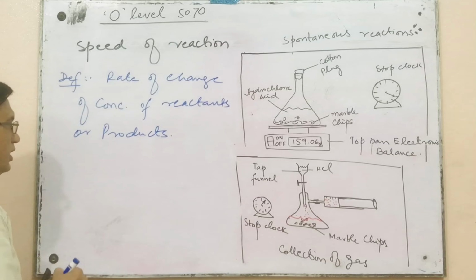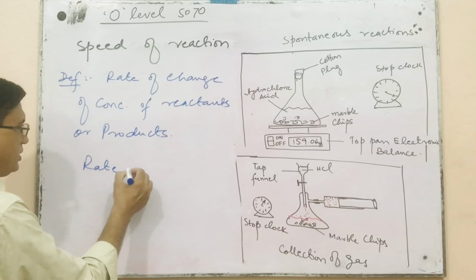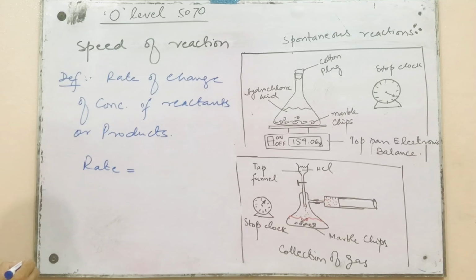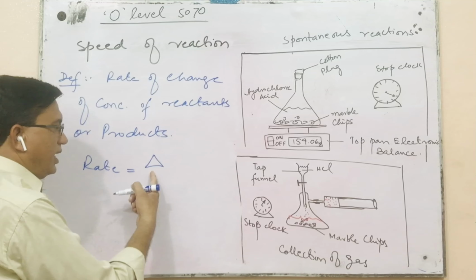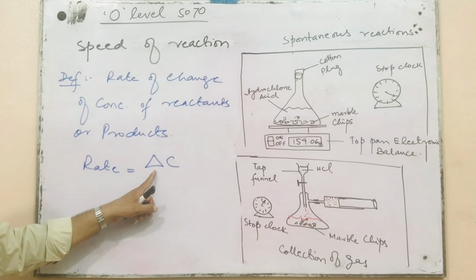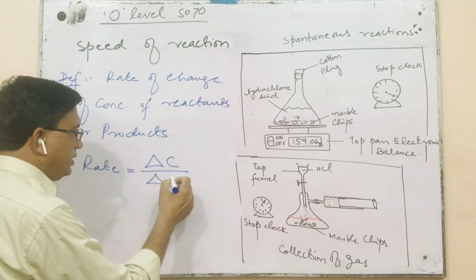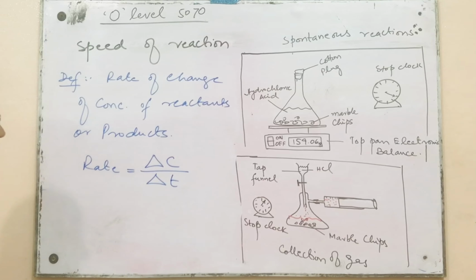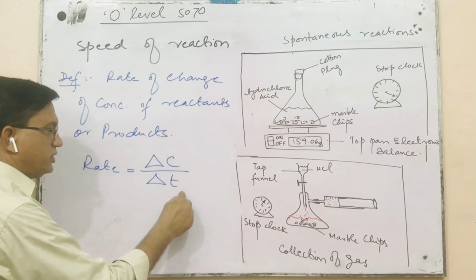If we write mathematically, rate of reaction is del C divided by del T. Del C stands for change in concentration, and del T means change in time. The rate of change of concentration with respect to time is called rate of reaction.